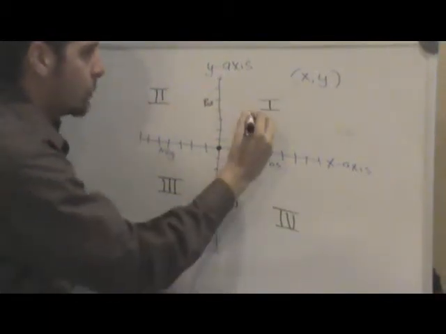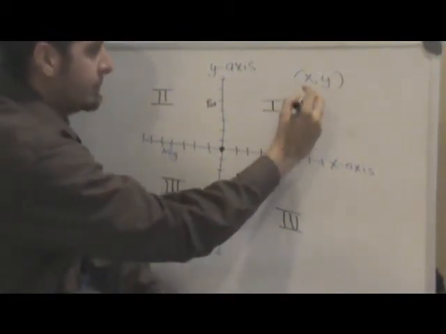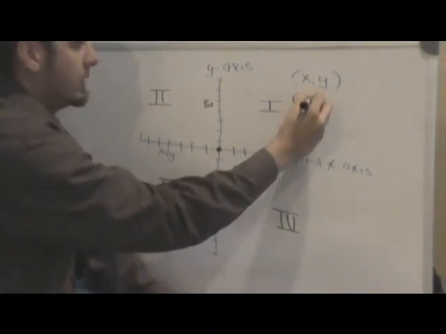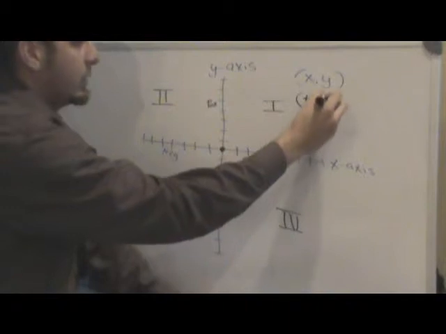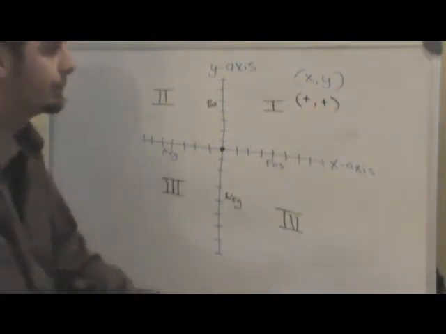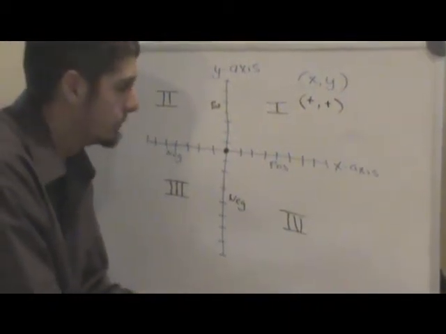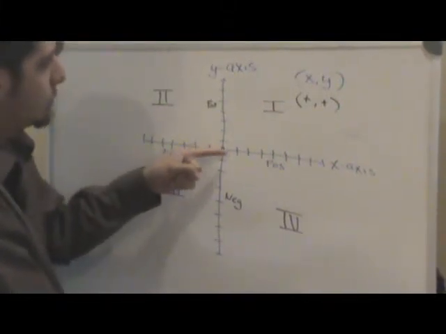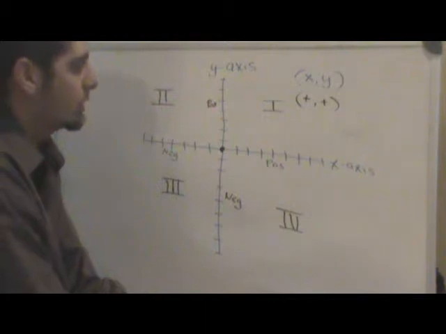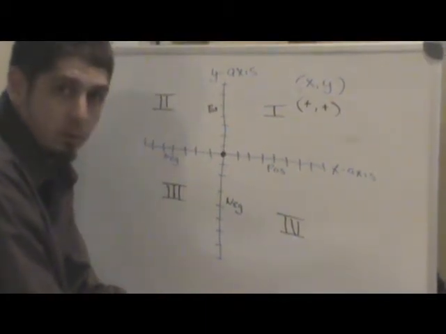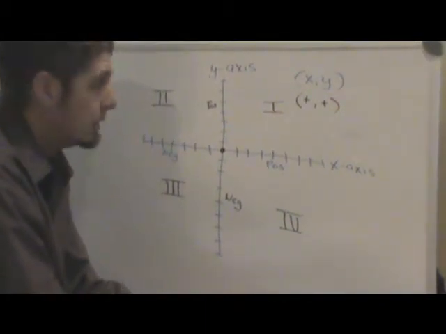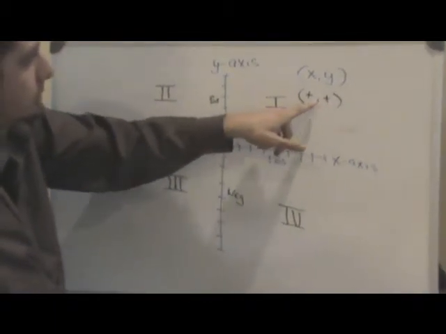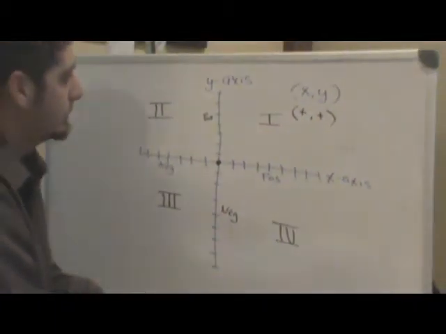So to be in quadrant 1, your x coordinate needs to be positive and your y coordinate needs to be positive. So both your x and y coordinate need to be positive.